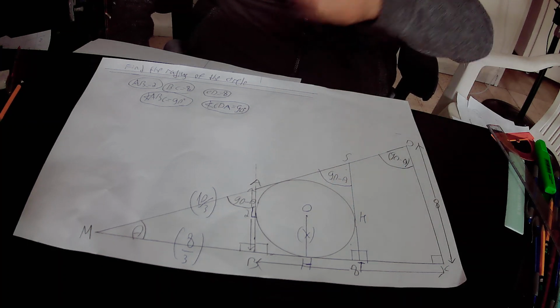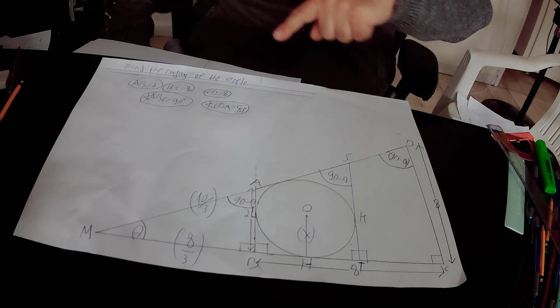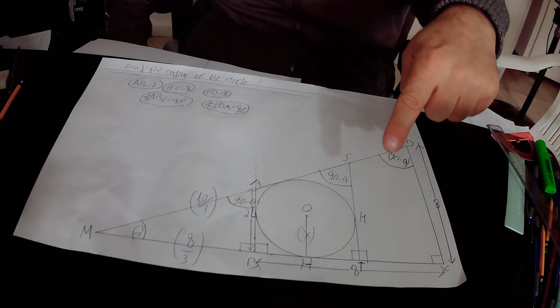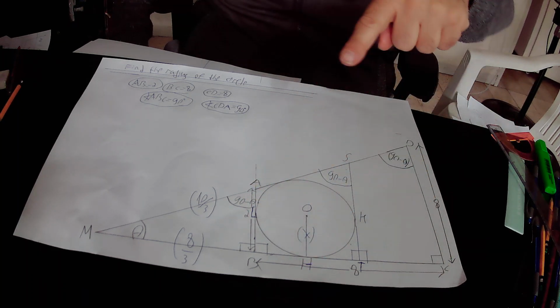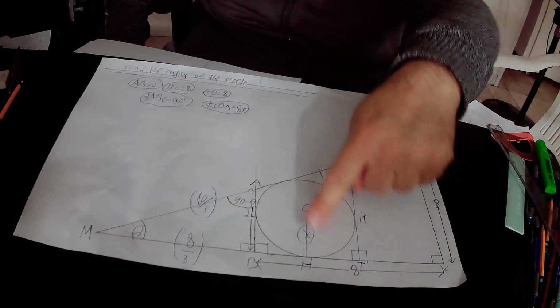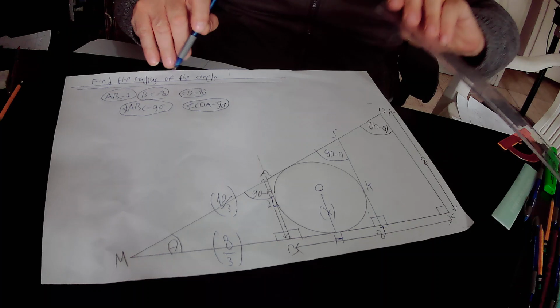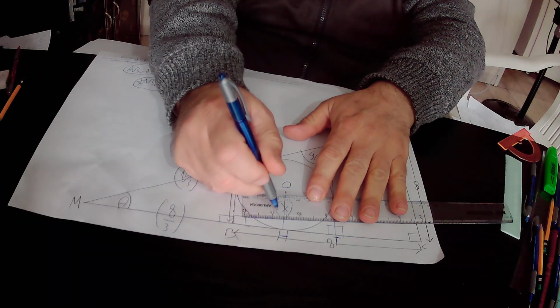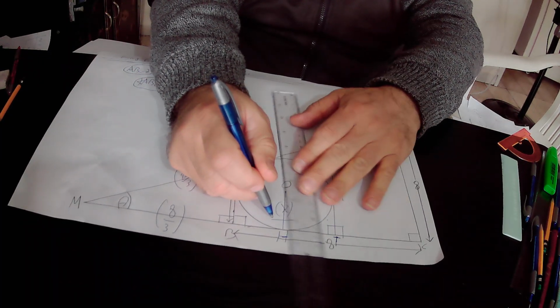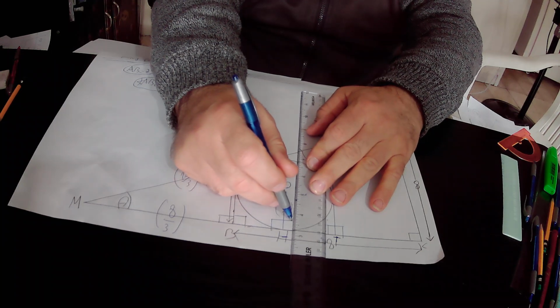And whenever you have a radius that is drawn to the point of tangency, then tangent BT will be perpendicular to the radius HO. If BT is perpendicular to HO, it means that this angle equals 90 degrees, and this angle also equals 90 degrees.